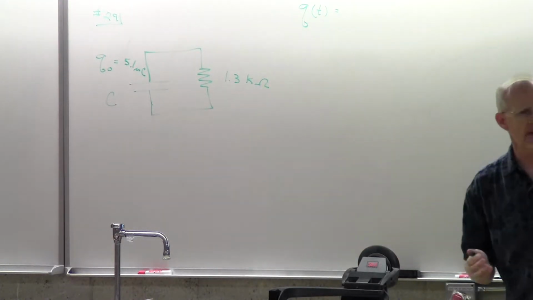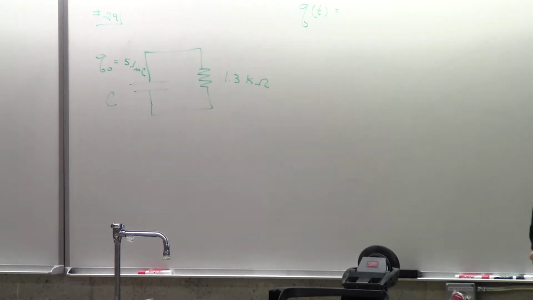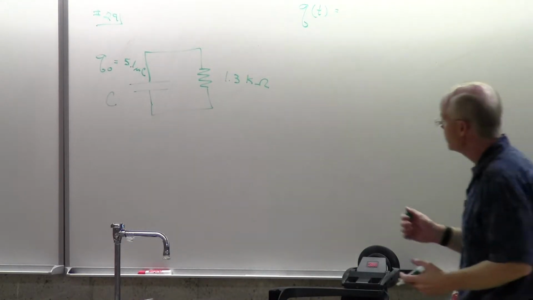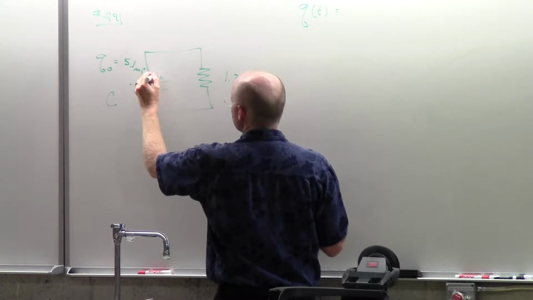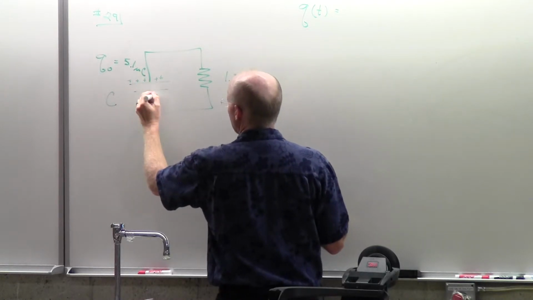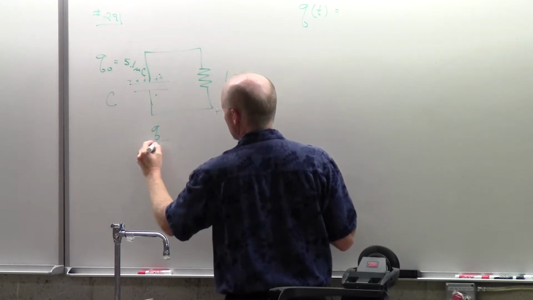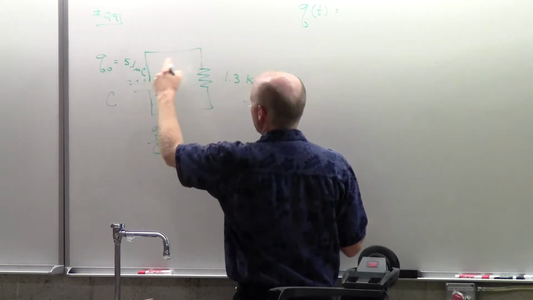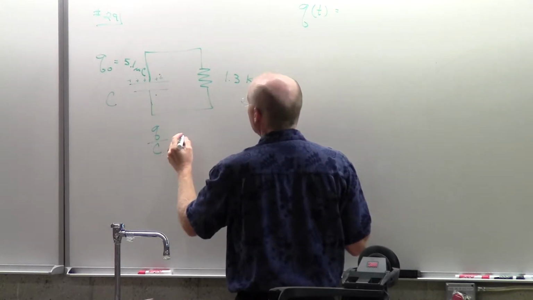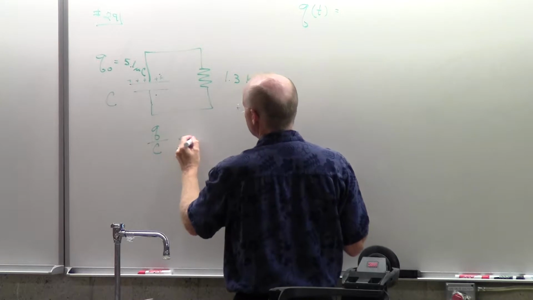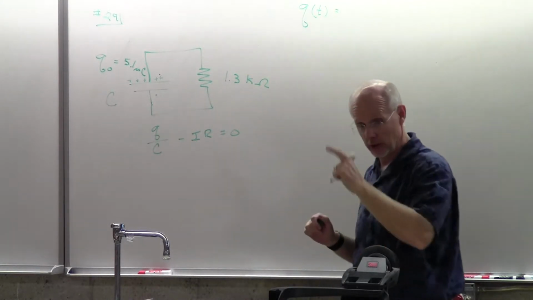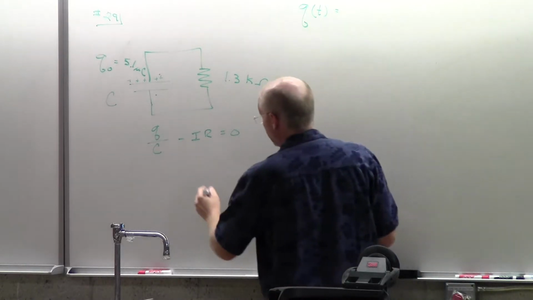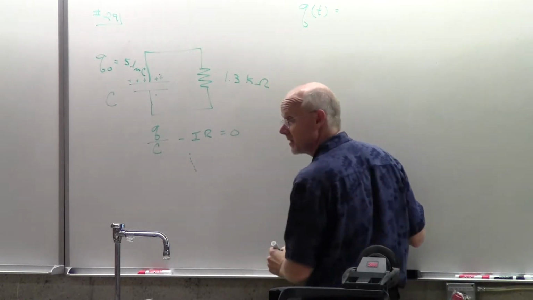Do you remember what this came out to be? Do you remember how we did the loop here? We said, okay, if this starts as positive, and I go from here to here, that's Q over C. That would have to equal, and then minus IR would have to be 0. That would be our loop. Then we solved this.